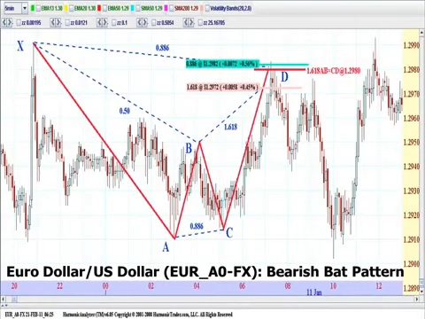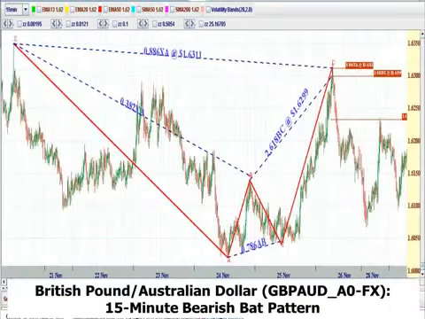So in this case, with the 886 at 129.82, we want to be looking to execute right there. Anything above the 1.0 level, that would be anything above 129.90 or even 130, would mark an invalid bat pattern. But in this case, the structure yielded a nice reversal.